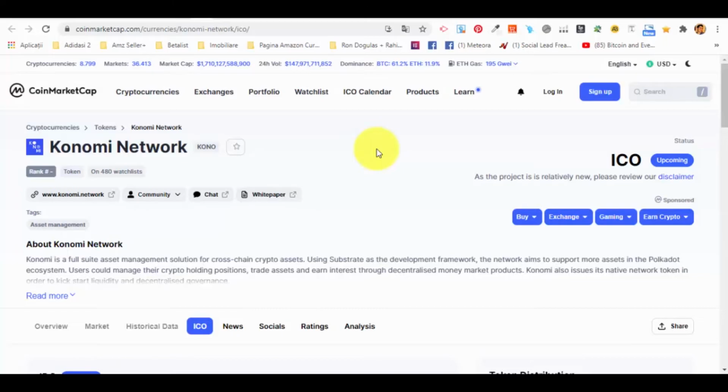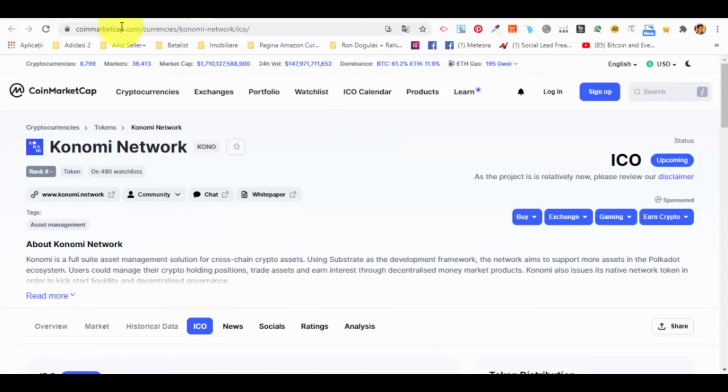So you need to look at everything: the project, the team, the partnerships and so on, in order to take a decent decision regarding investing in that ICO or not. And it's still a risk, okay?